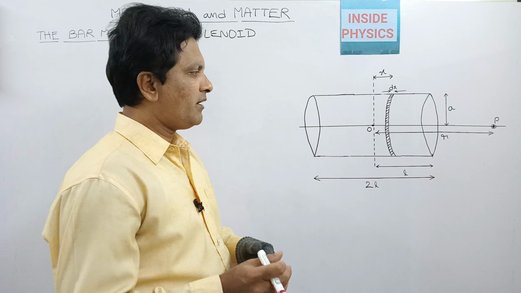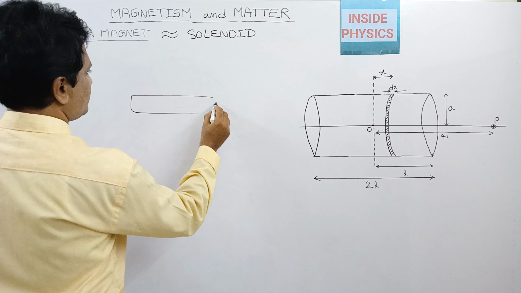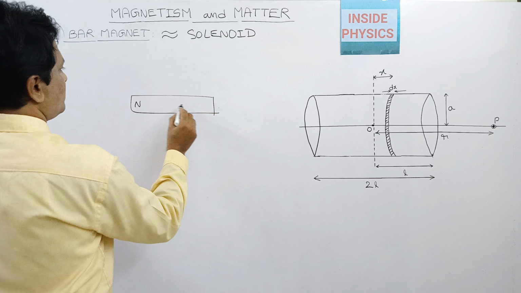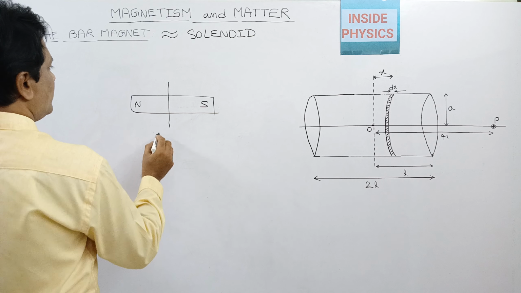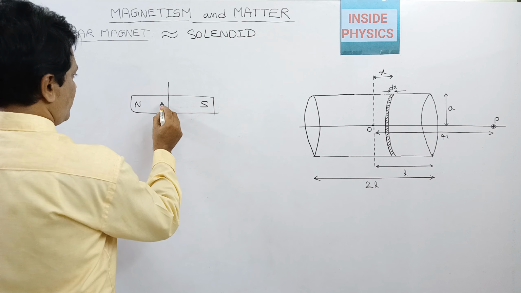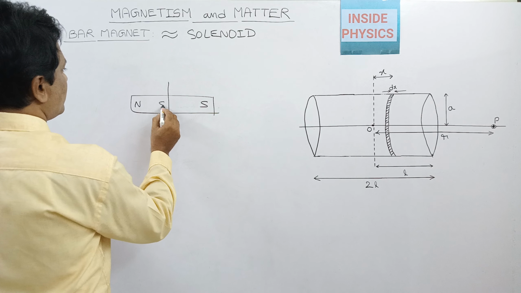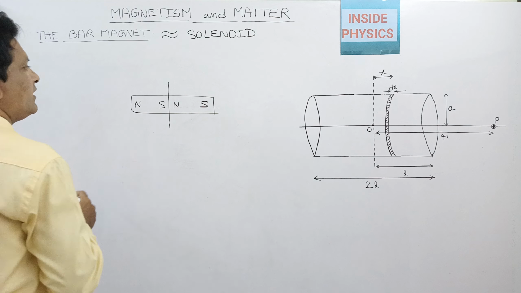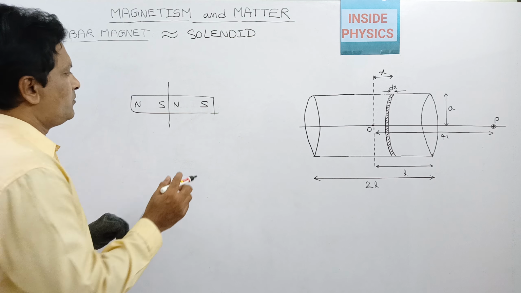If you cut a bar magnet, suppose you take a bar magnet like this, with a north pole and a south pole, and cut it into two pieces, it will again form two similar bar magnets with the same arrangement of north and south poles.